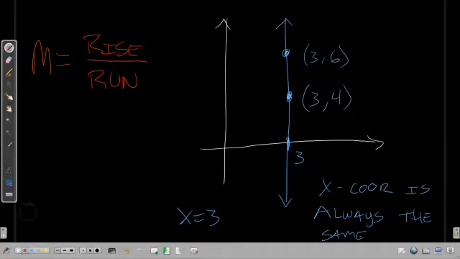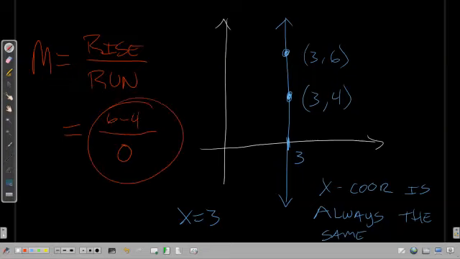And how much run are we getting between those 2 points? 0. There's no run. The run is 0. And it doesn't matter what the rise is, because this bunch of writing doesn't mean anything, at least not in math.